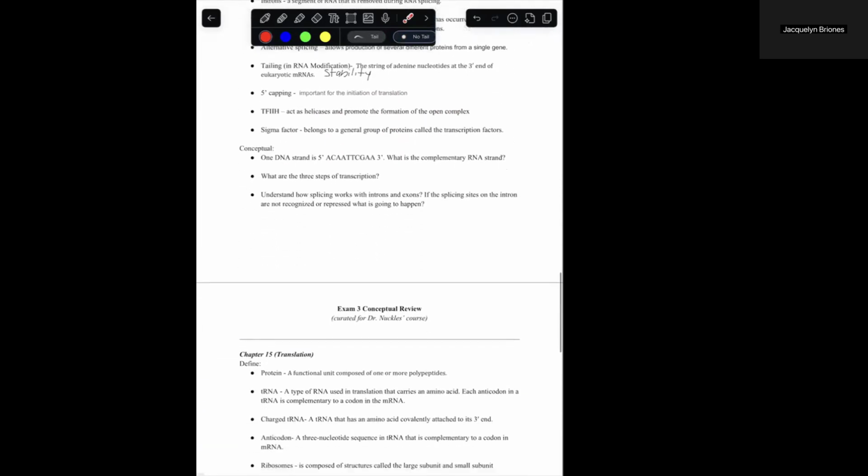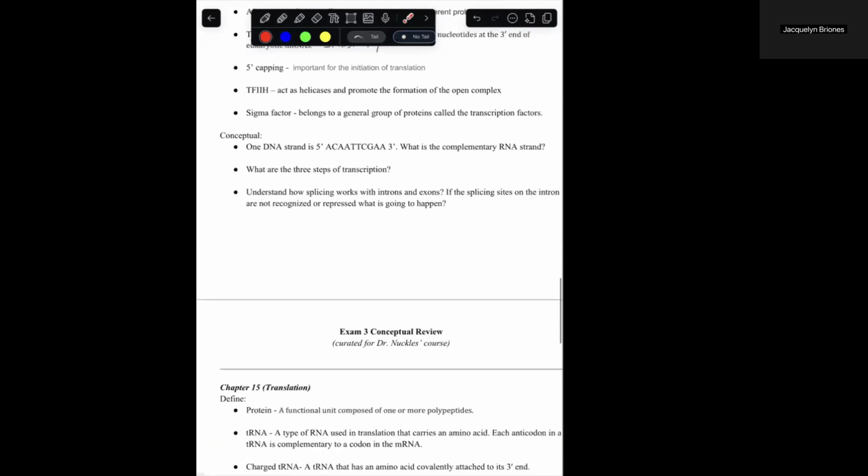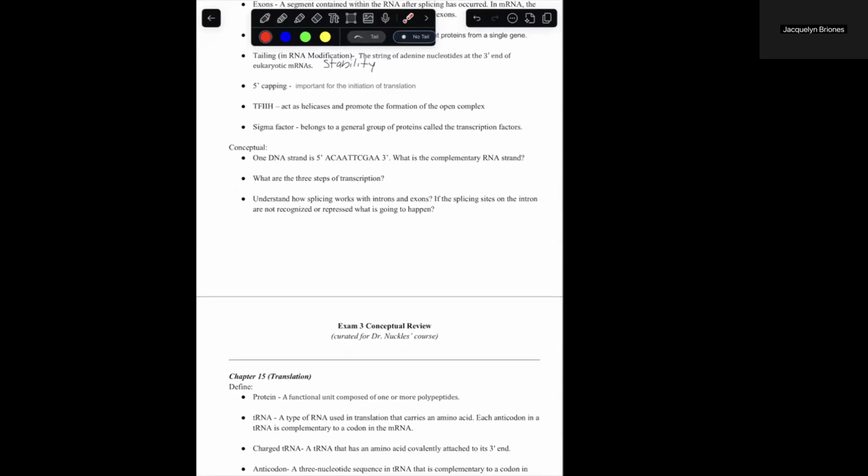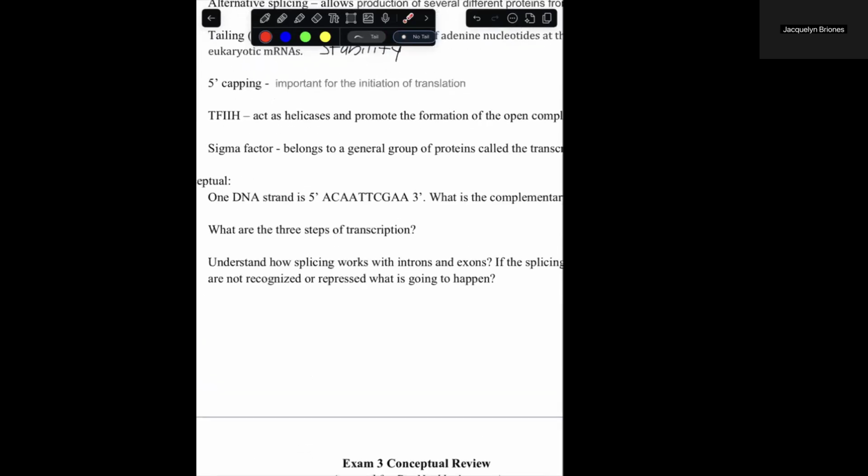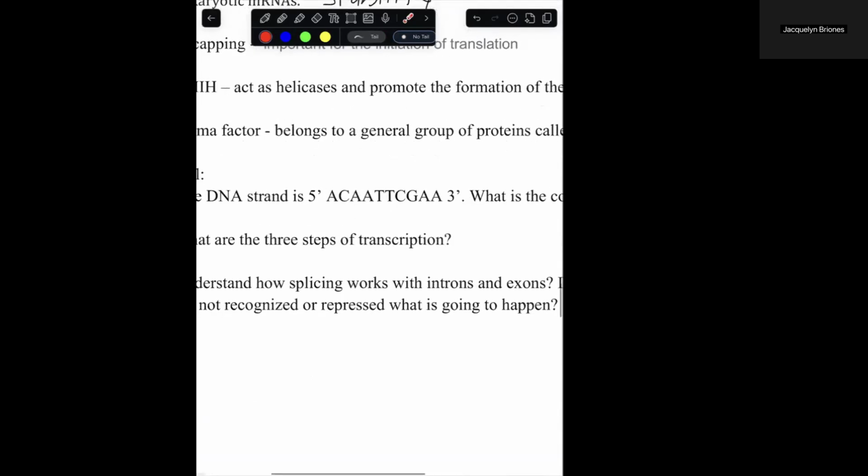So, one DNA strand is given. What is the complementary RNA strand? What I like to do is the same thing, but I'm actually going to do it the other way, because you're most likely going to have the 5 prime on this end, since it's asking for the complementary strand.